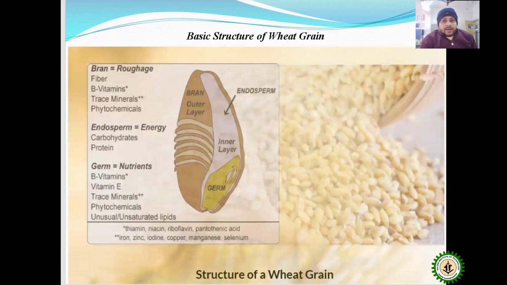There is a basic structure of the wheat grain with three different parts: bran, endosperm, and germ. These parts have different functions.